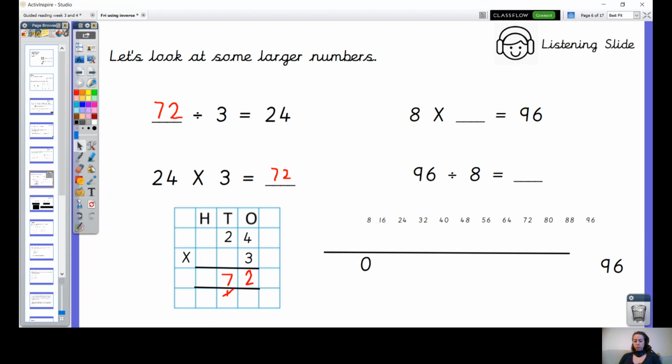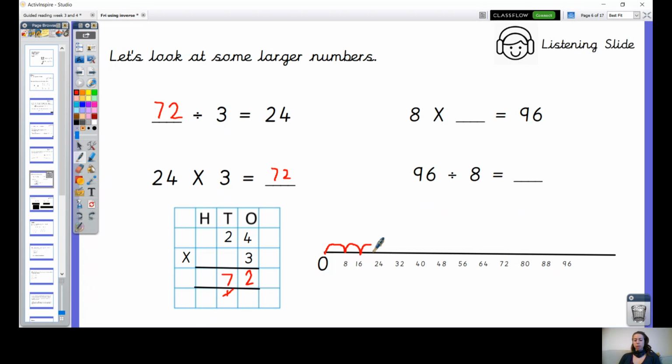So you'll need to organise your work carefully when you're looking at the number lines in your book. Make sure you've got enough room for things. So I'm getting rid of that 96 now. There's mine. And what you would do on your number line then is you do your jumps, wouldn't you? You do 1 times 8, 2 times 8, 3 times 8, 4 times 8, 5, 6, 7, 8, 9, 10, 11, 12 times 8. 12 times 8.